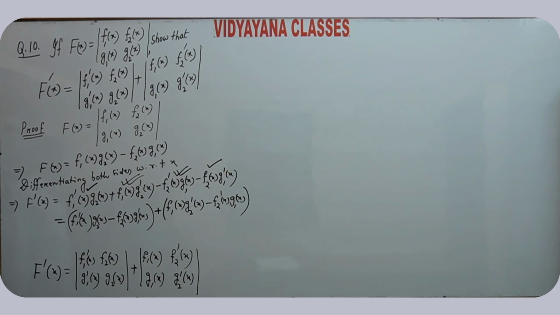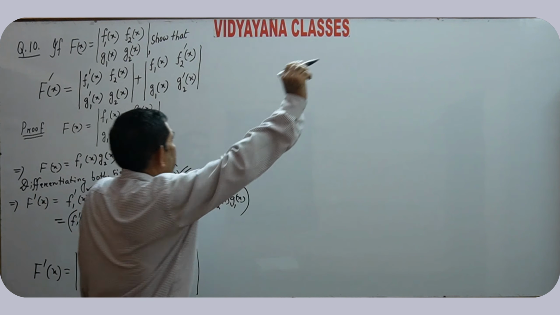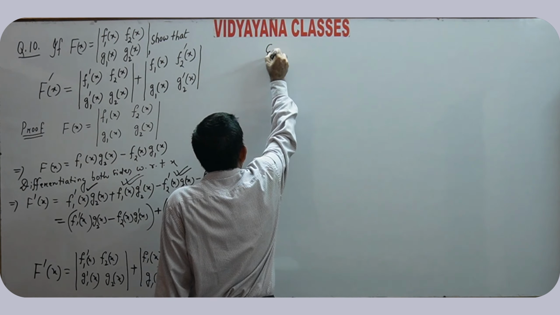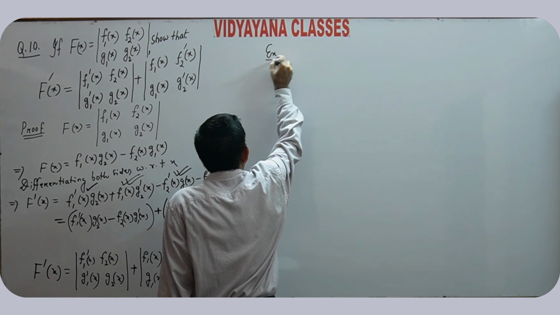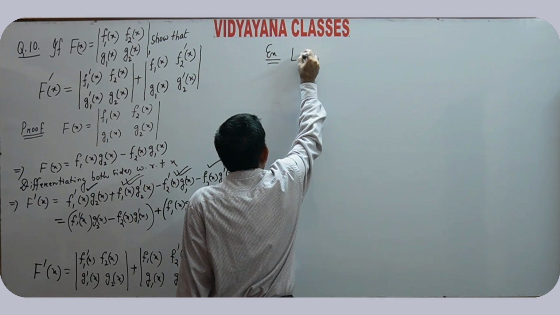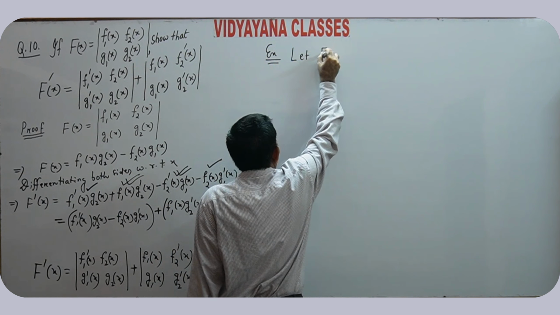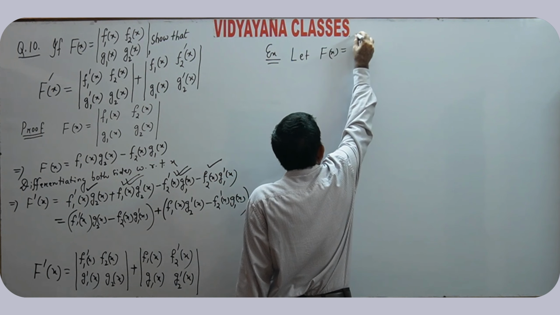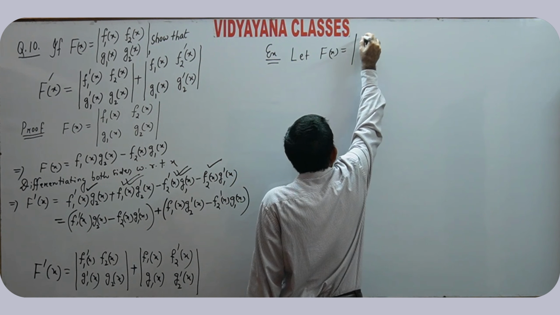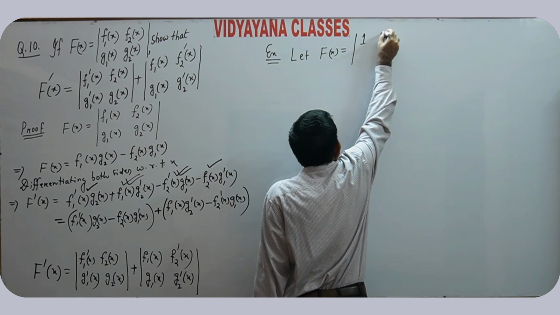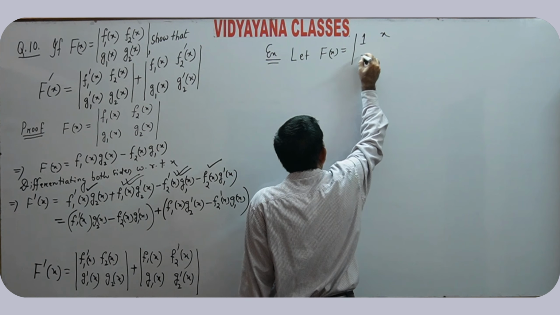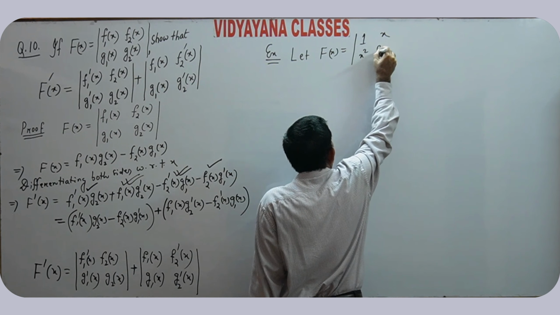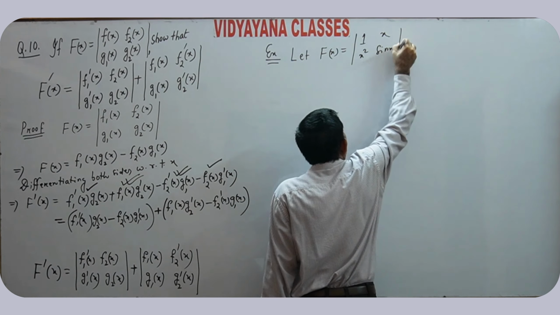Clear? Okay. For example, let capital F be the determinant having elements 1, x, x square and sin x.